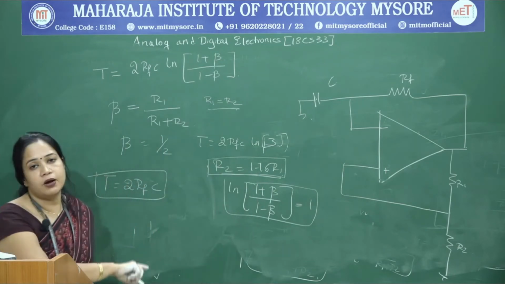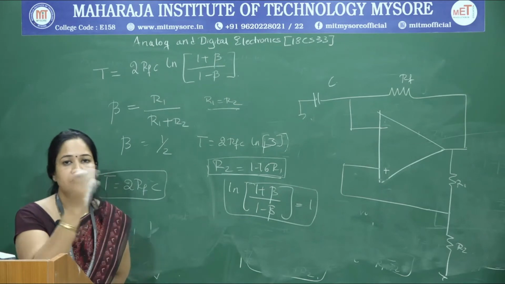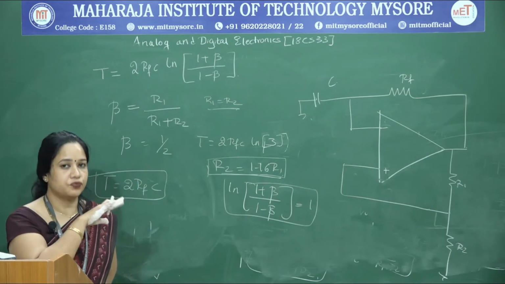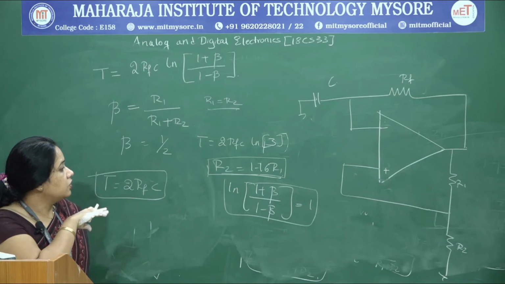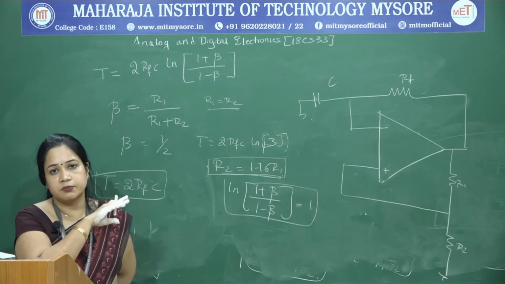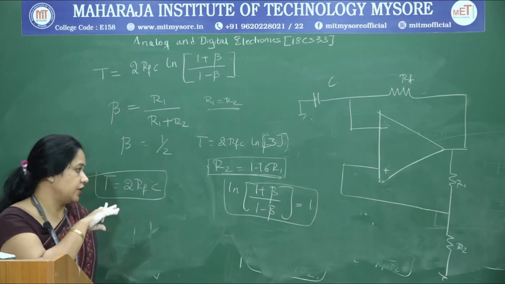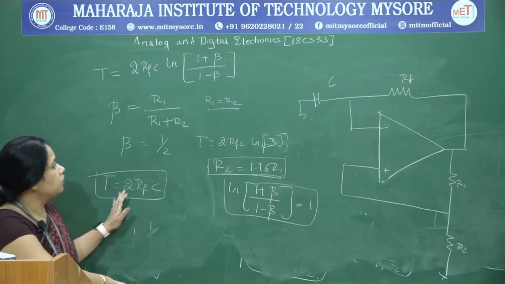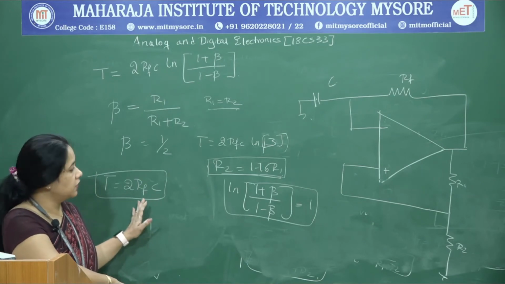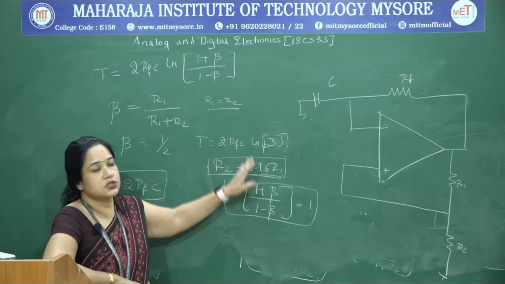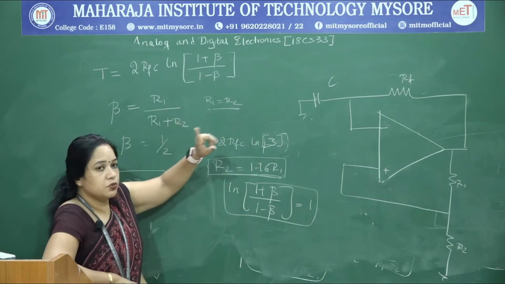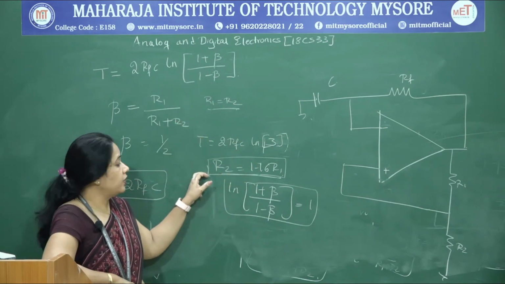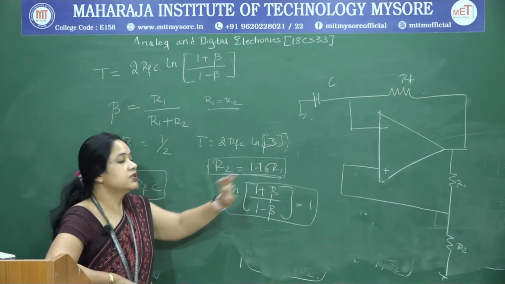This is a very important part because you have a lab experiment counterpart of this. Usually we conduct a lab experiment on the design of a relaxation oscillator. The design equation here is to simplify the design expression: we choose R2 and R1 such that this logarithmic value becomes 1, and the corresponding value is R2 equal to 1.16 R1.